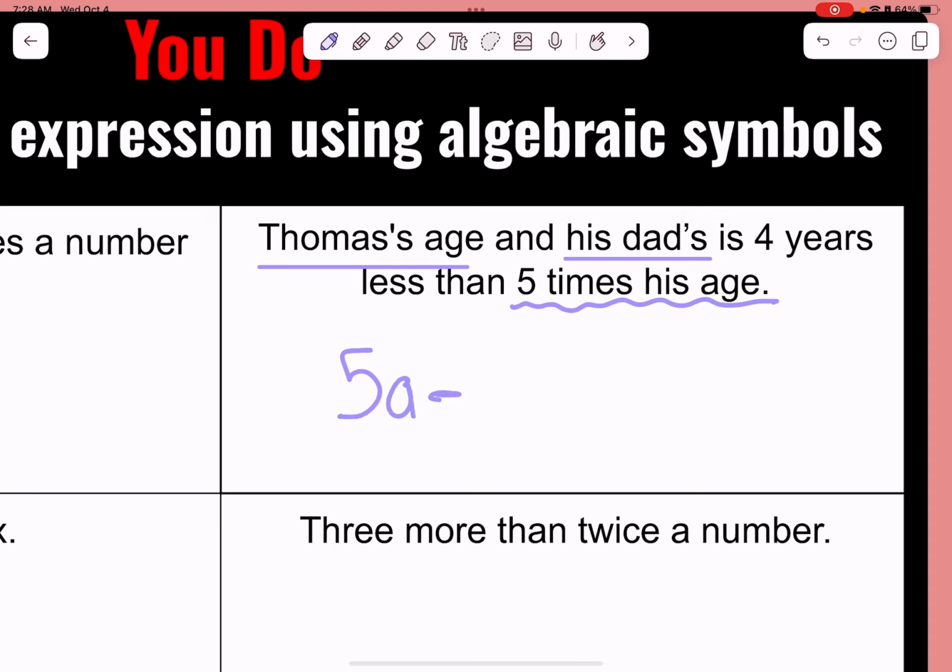Remember, less than means to subtract, and it's 4. So 5 times whatever age minus 4. And this right here, his is Thomas, so a represents Thomas's age.